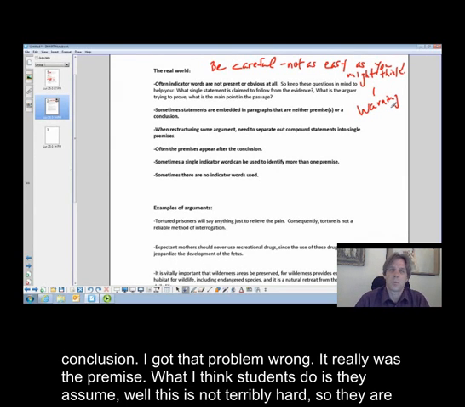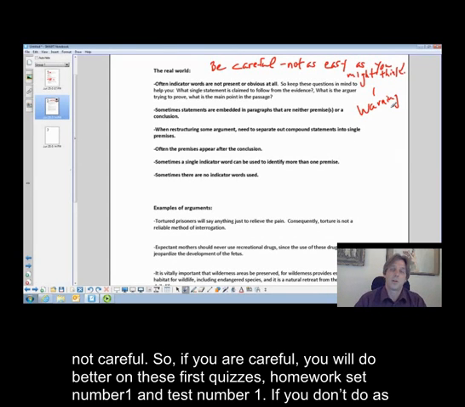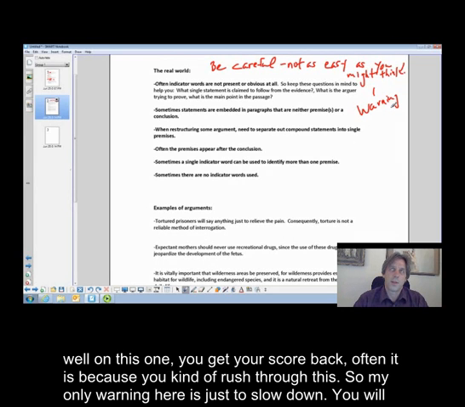I got that problem wrong. It really was the premise. What I think students do is they assume, well, this is not terribly hard, so they're not careful. So if you're careful, you'll do better on these first quizzes, homework set number 1 and test number 1. If you don't do as well on this when you get your score back, often it is because you kind of rush through this.